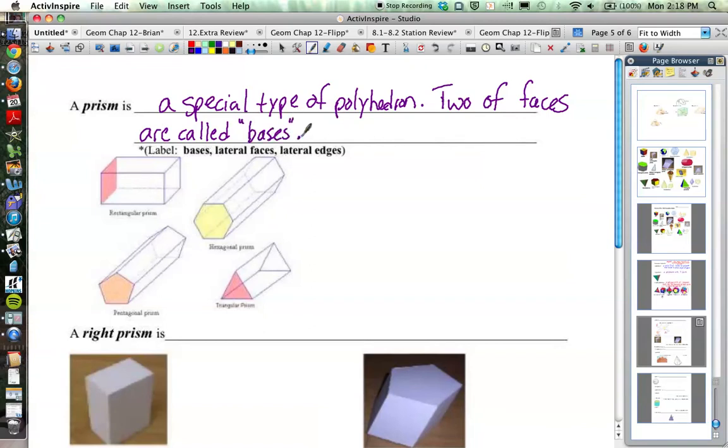Those bases will be parallel and congruent polygons. And the side faces, the lateral faces, are always parallelograms.